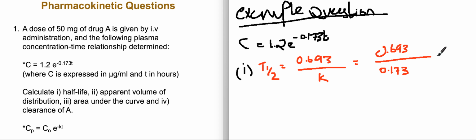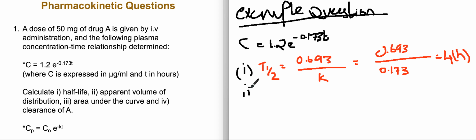We ignore the negative sign. So 0.693 divided by 0.173 gives us 4 hours. So the half-life is 4 hours.